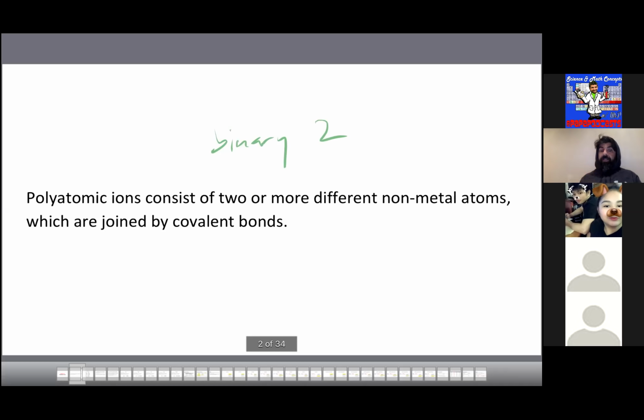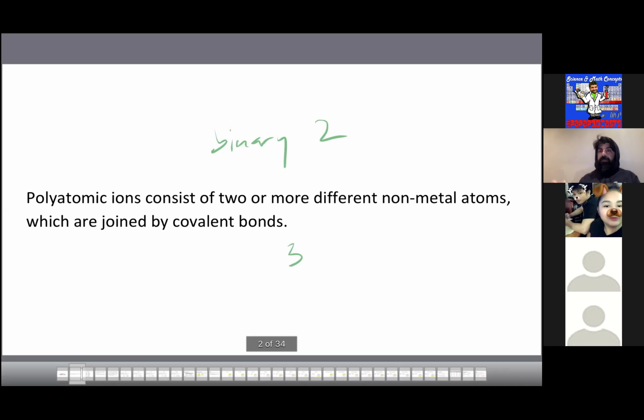So remember how we said, a great hint, two uppercase letters. But here now with polyatomic, most, okay, there are a few exceptions, but the majority, if not almost all of them, will contain three uppercase letters. Okay, so three uppercase letters. That's your hint that you'll have a polyatomic.